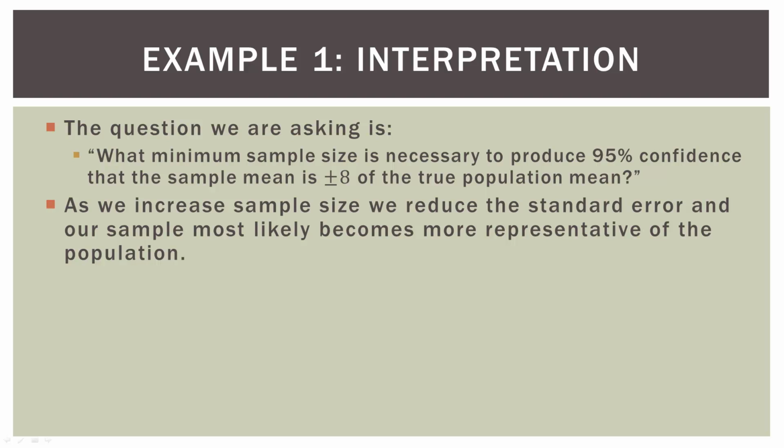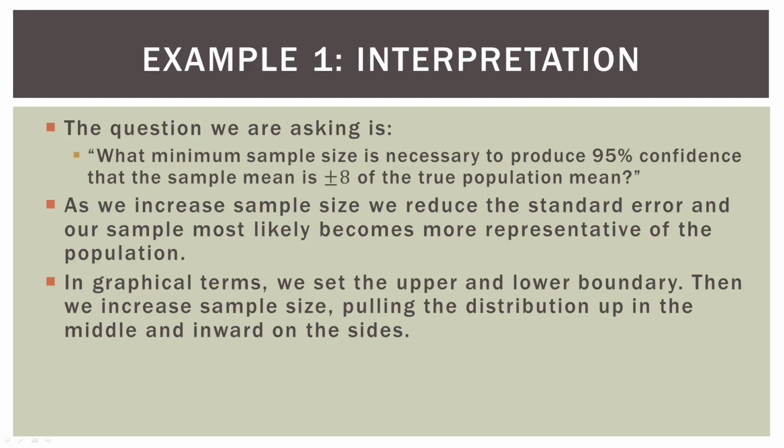Which sample do you think will capture that population better? Well, I would say the larger one, the sample size of 400, will be more representative of the population than one that is size 4. And that should make intuitive sense to you, hopefully by now.